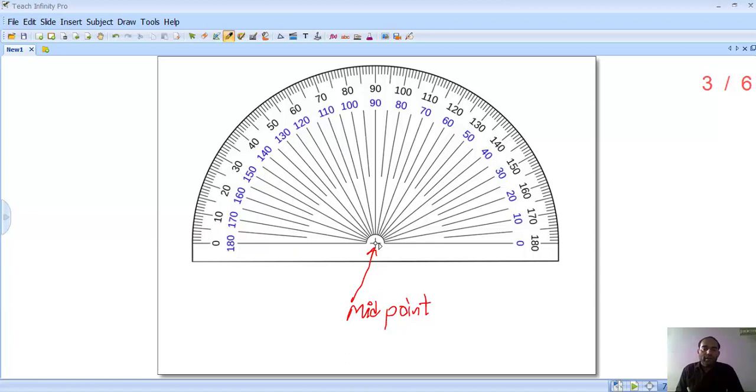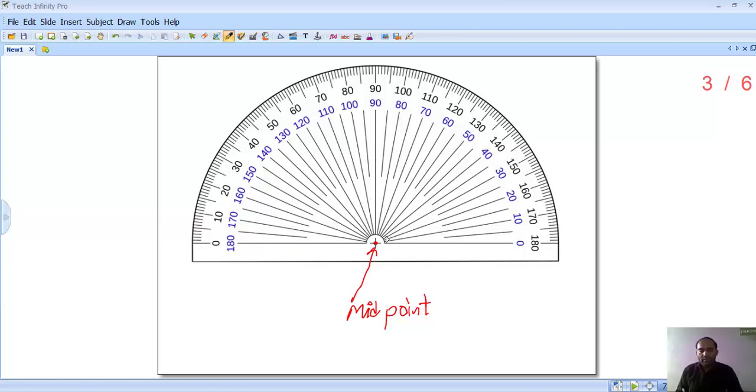You may ask, how will I recognize which one is the midpoint? See this 90-degree angle line and this zero line. Where both lines meet, that will be the midpoint of the protractor.